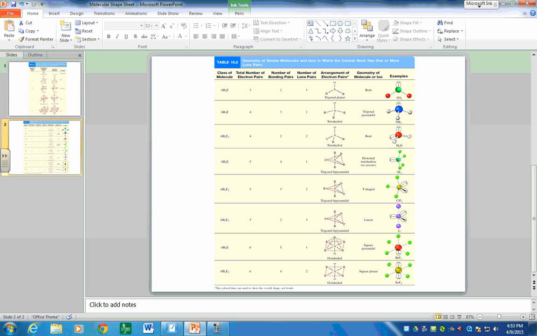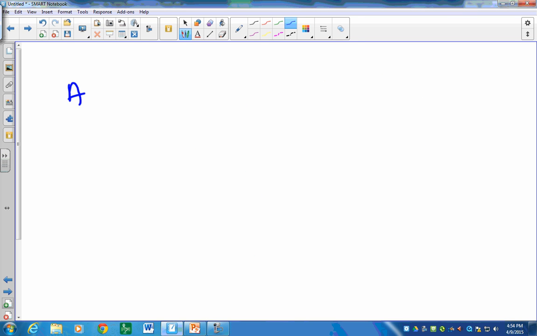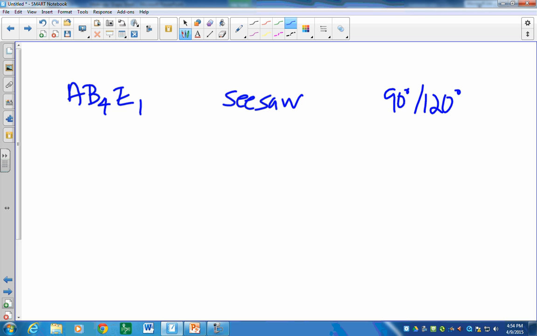And some weird things go on when you have AB5, because I'm going to go to a new slide. AB4E1 is my favorite shape. It's seesaw. And when you pull off one of those equatorial atoms, you get the fulcrum. It has bond angles still of 90 and 120, like you'd expect.